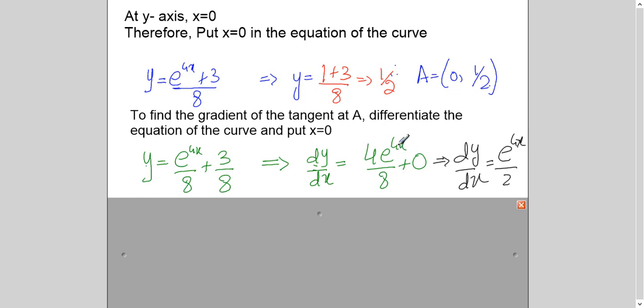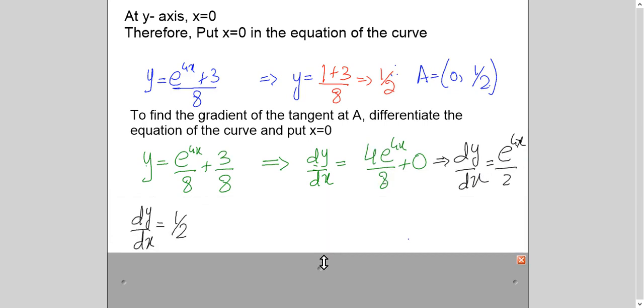Then in this equation, in place of x, I will put x equals 0. 4 ones are 4, 4 twos are 8. So you will substitute x equals 0 and you will get 1 over 2, because e power 4 into 0 is e power 0. Anything to the power 0 is 1.